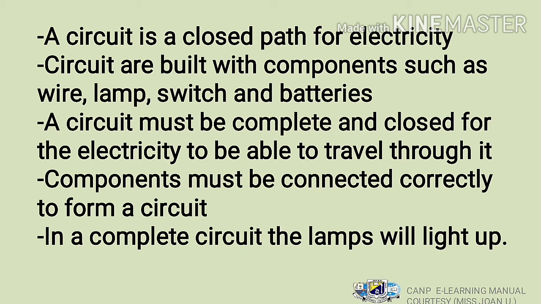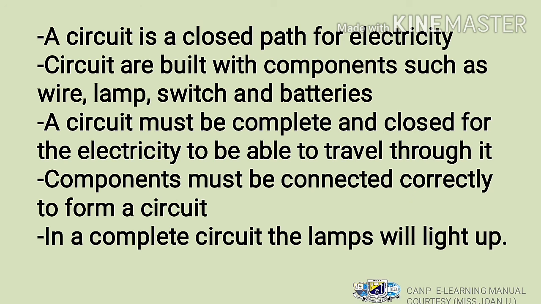Okay, and you also understand that circuits are built with components such as wire, lamp, switch, and batteries. You also know that a circuit must be complete and closed for electricity to be able to travel through it. Okay, that is, the switch must be on, is it not? Yes. And you also know that components must be connected correctly to form a circuit.